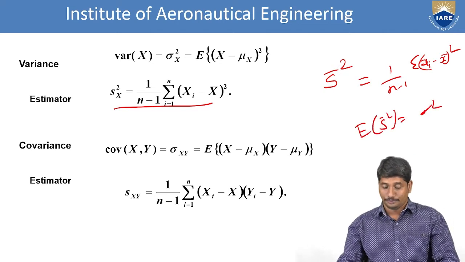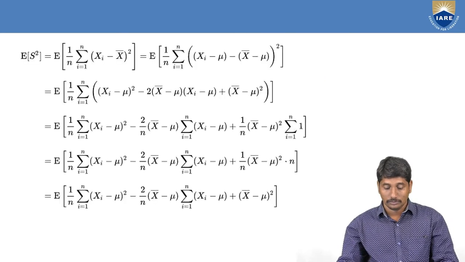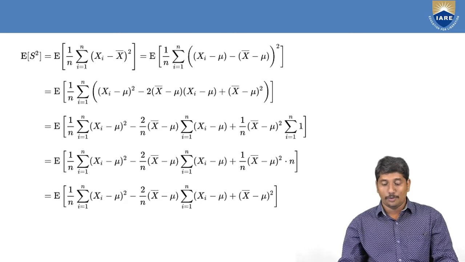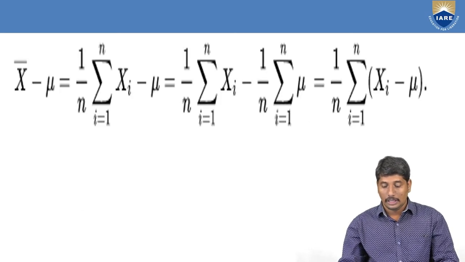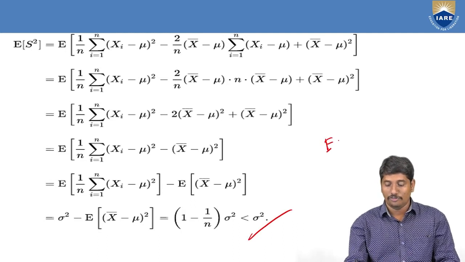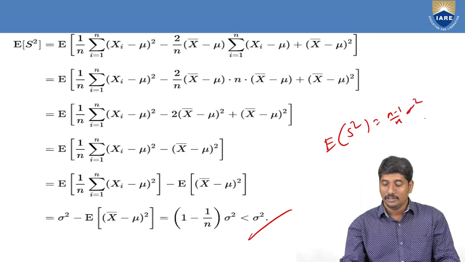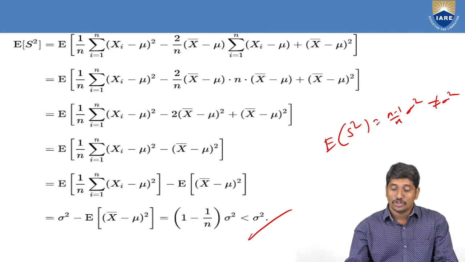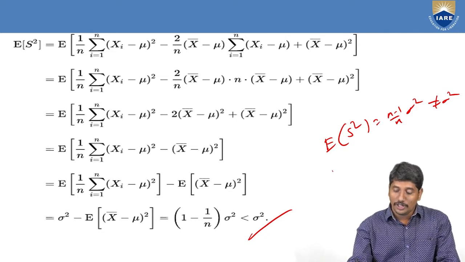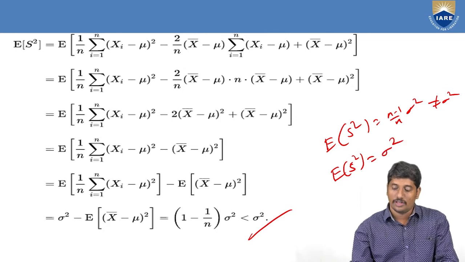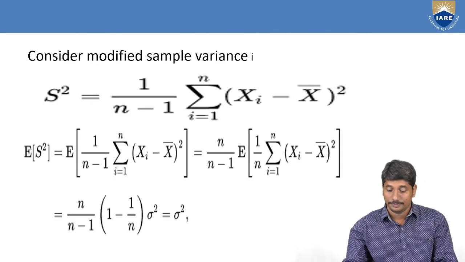This we have just proved: expectation of S square is equal to (n minus 1) by n sigma square, not equal to sigma square, and S square is not an unbiased estimate. So now we are going to prove that expectation of S bar square will be sigma square. Let us try that.